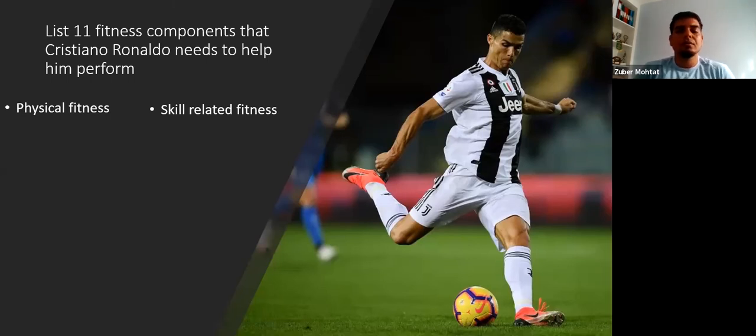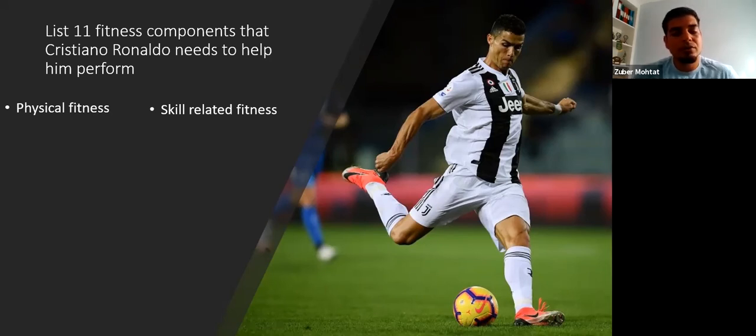Okay, a skill-related example would be fitness components such as agility and balance, because these are components that would help with your overall skill in a sport. If I take Cristiano Ronaldo as an example, he's a footballer. As a striker, you need to have the agility and balance to maneuver away from the defenders, to create space for yourself in order to score a goal.